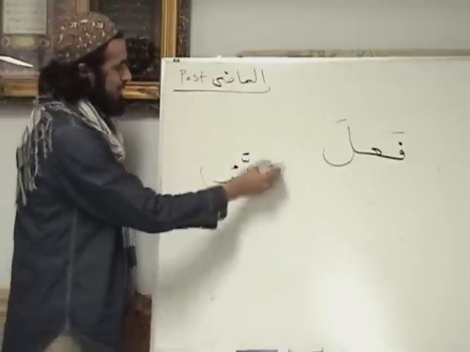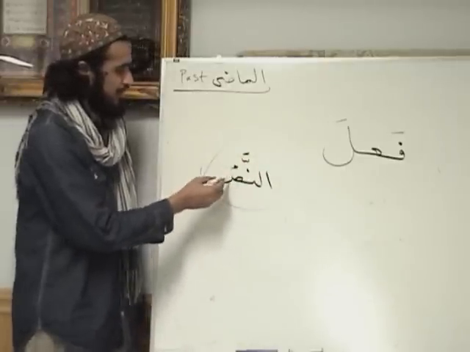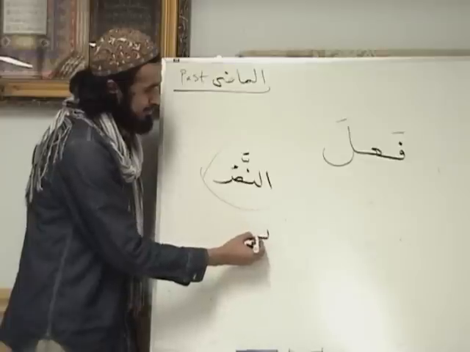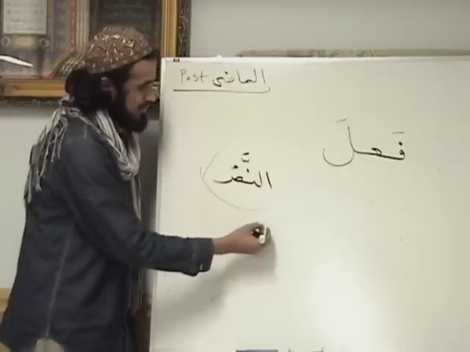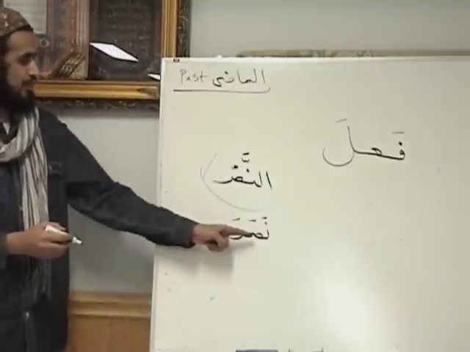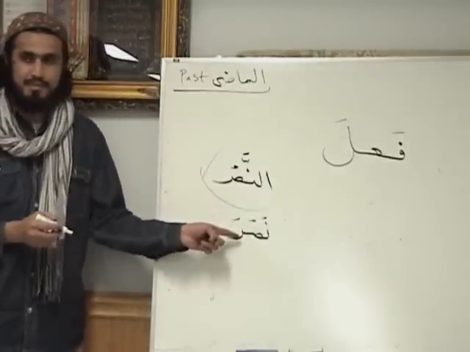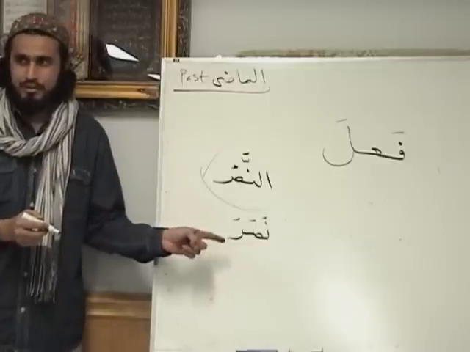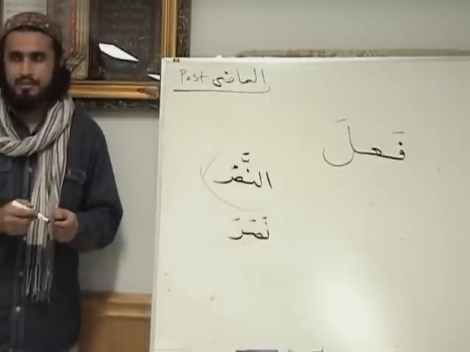You may or may not know that nun sad ra is the original. But in nasara, which is taken from this, you know exactly the root word is nun, sad, and ra, because this happens to be the past singular third person.